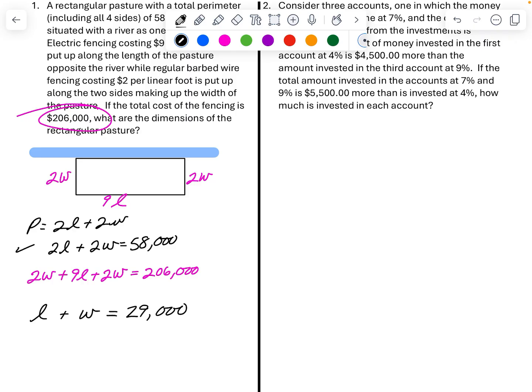And you don't have to do that, but I like to do that because it makes my numbers smaller. And then this next one would be 4 W's and 9 L's equaling 206,000. And so that's the system, and you can solve it however you wish at that point.